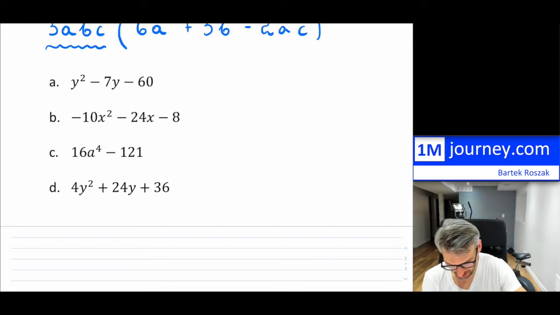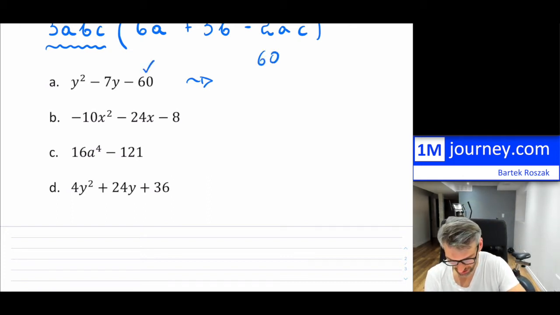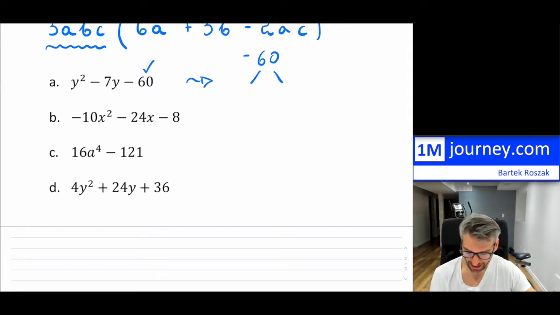In this particular example, because my a is equal to 1, I'm going to look at 60. So I have to break down 60 in this one, and it is -60. So one number is going to be positive, one number is going to be negative in terms of the numbers that I'll choose.